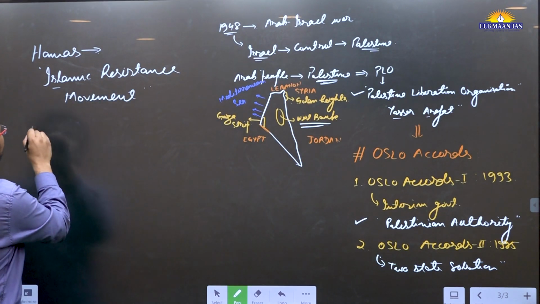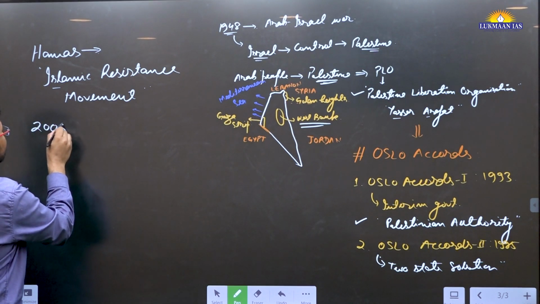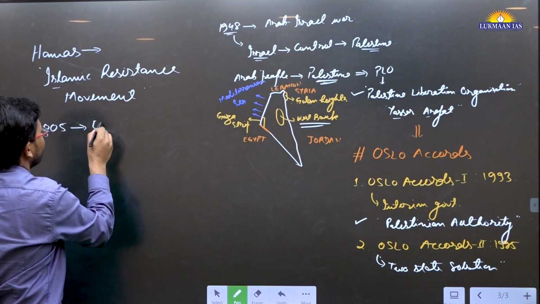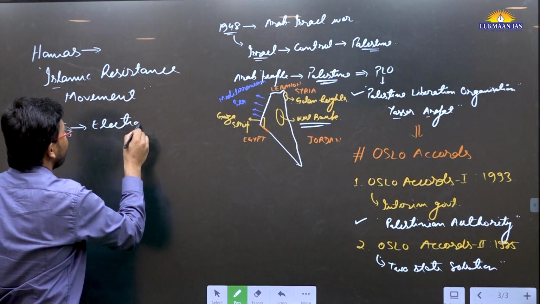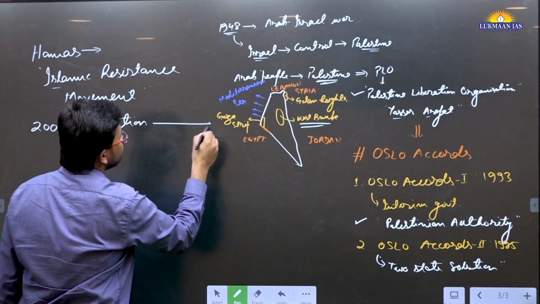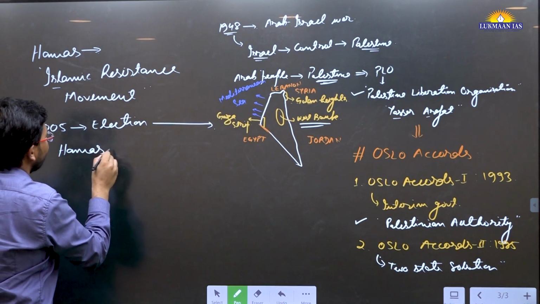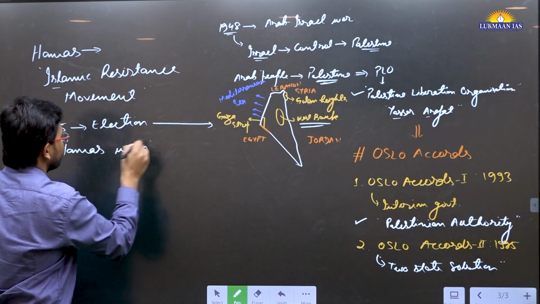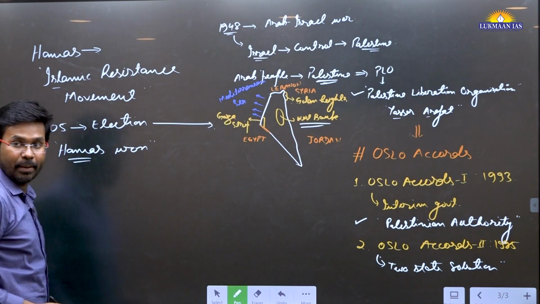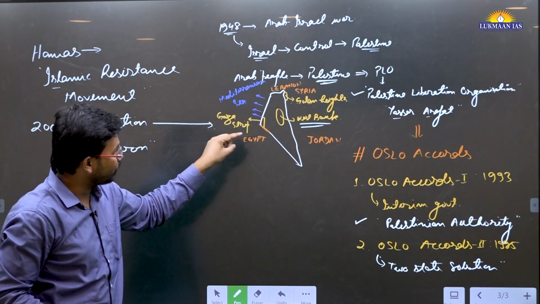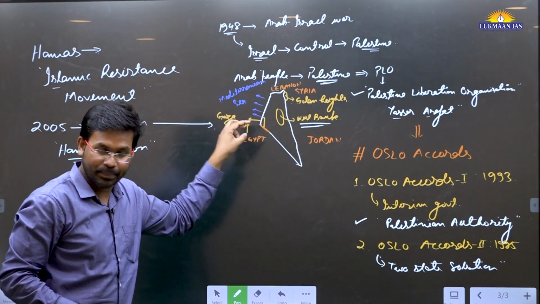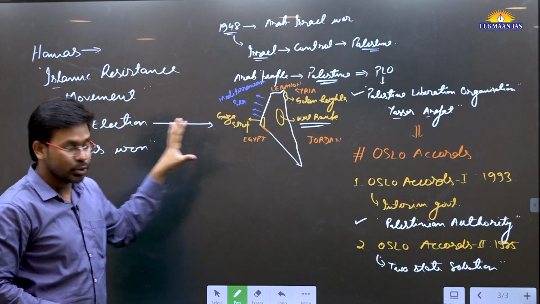In 2005, an election happened in the Gaza Strip. Here, Hamas won. Since Hamas was an organization set up in this particular region itself, the Gaza Strip, they won.